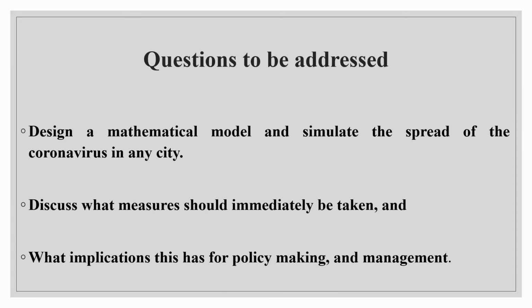What we have to do is develop some mathematical modeling and simulate the spread of the coronavirus in any city, and then discuss what measures can be taken immediately and what the implications are for policy making and management. So you can think in this direction.